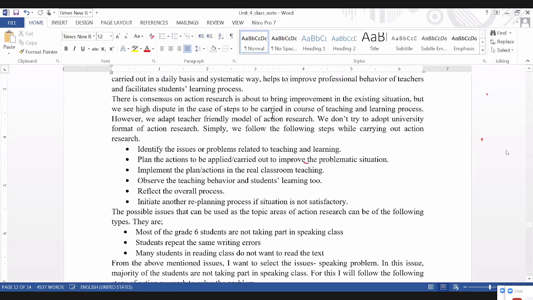So I want to check your chat box. Sorry, if my students become absent in class daily, can we carry out action research or not? So Deepa Kafle, you have written your students are absent in your daily class. Now, how many students are absent? Only in your class or in school? This is another case. School may be absent.